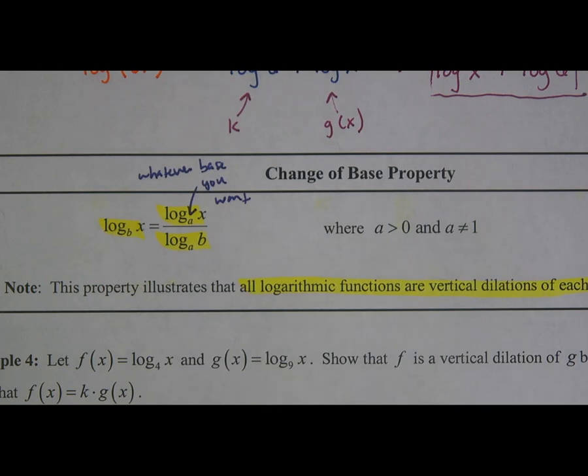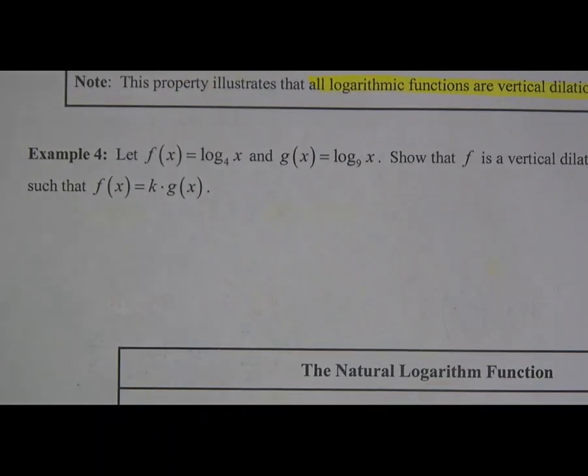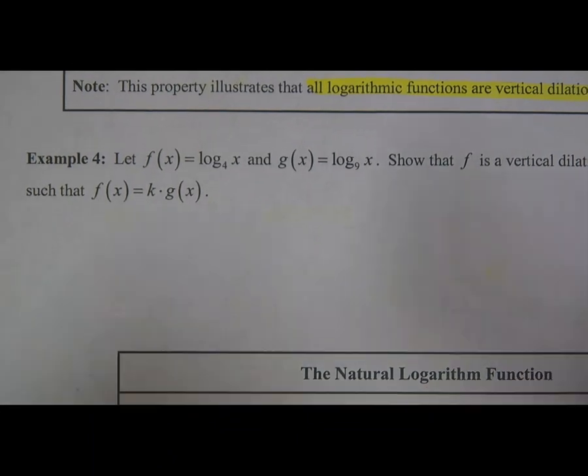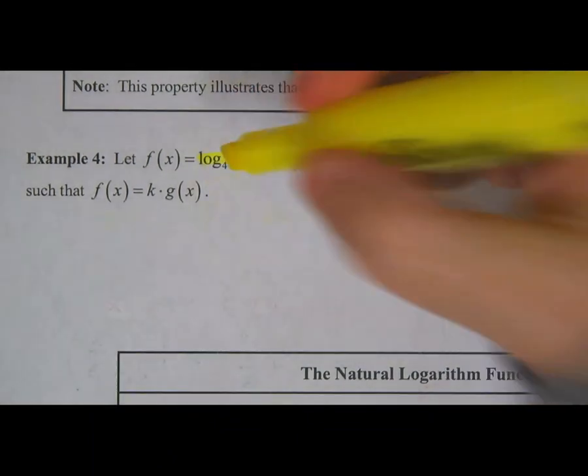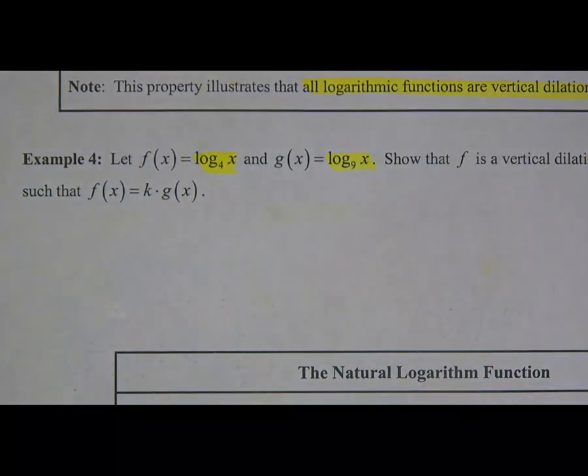So example 4 is going to be kind of another funky one, and then we'll switch back to an easy problem to wrap up the notes. Okay, f of x is log base 4 of x. G of x is log base 9 of x, so they're in different bases.